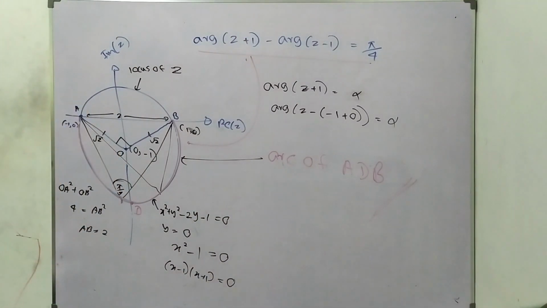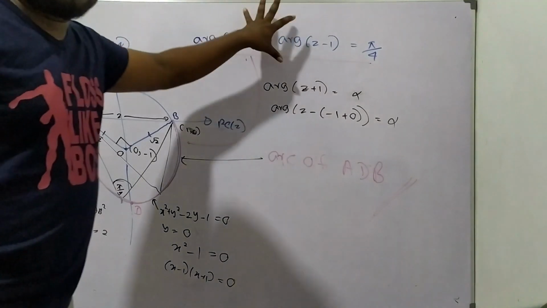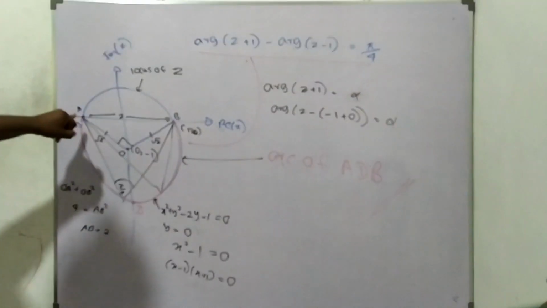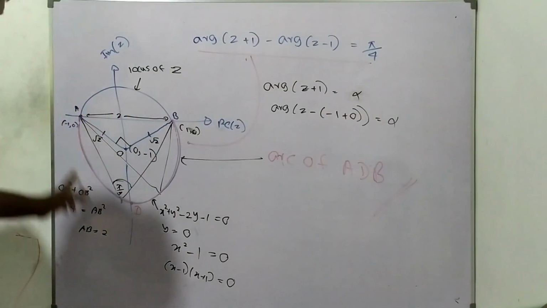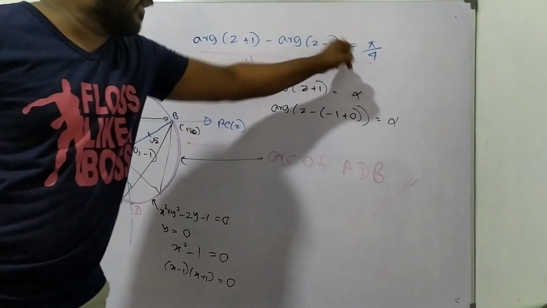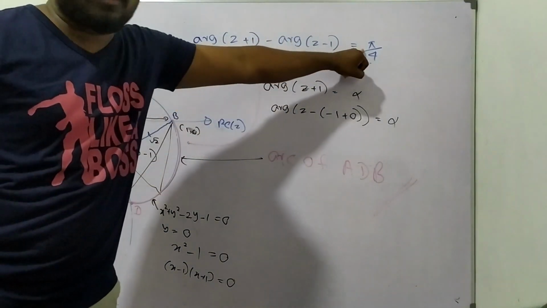Right, so this is my arc of this z plus 1, z minus 1. Actually the previous video I deleted. The thing is I found only the locus of z. We don't want the locus of z, we just need the locus of this whole thing. So this whole thing's locus is the ADB arc of the circle, which makes the angle difference pi by 4.